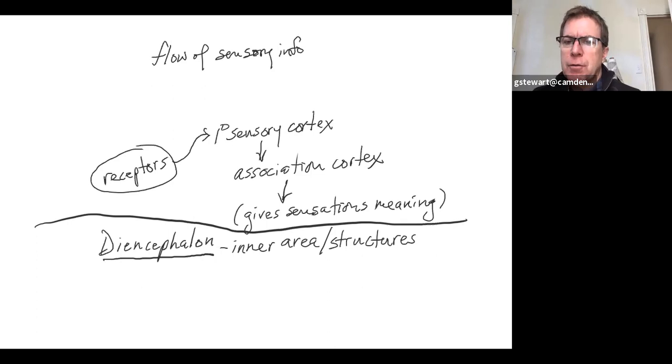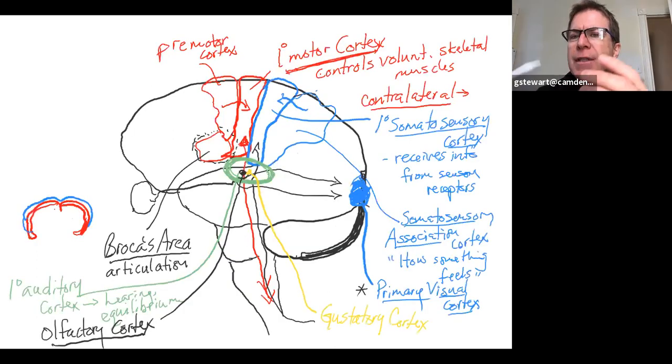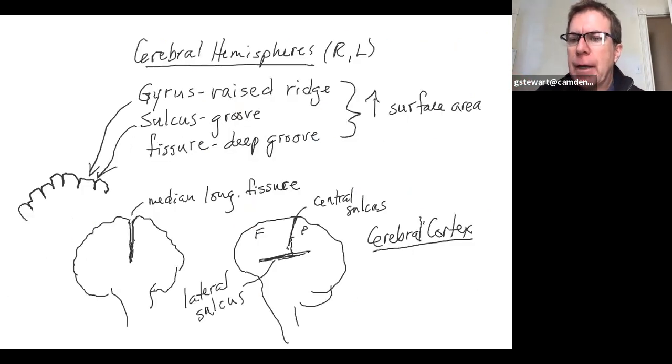So if we were to, I'm going to go back to one of my previous drawings and see if I can help you make sense of this. This diagram basically went over what we could see in the cortexes, kind of on the surface of the brain, if you will. It's the outer covering. If we go further back, and if I were to make the cortex invisible, the diencephalon, I'll use a different color, just refers to the stuff right here in the very center of the brain that we can't see from the outside at all.